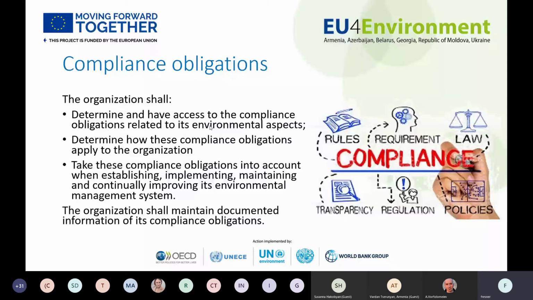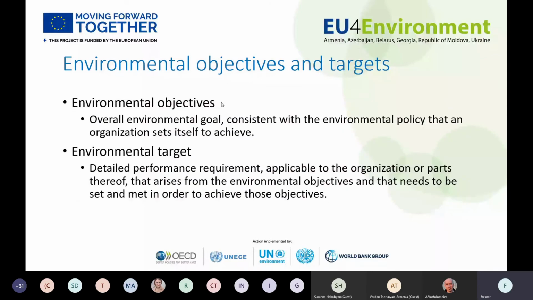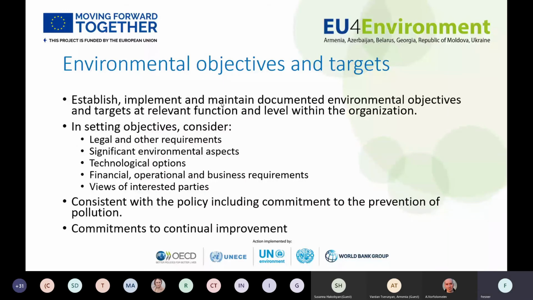Out of this now, objectives and targets will result. Objectives are more general goals into which direction you want to go, and targets are detailed performance requirements. In the following, we have an example here.